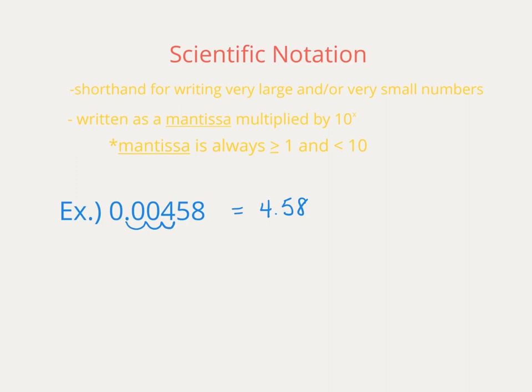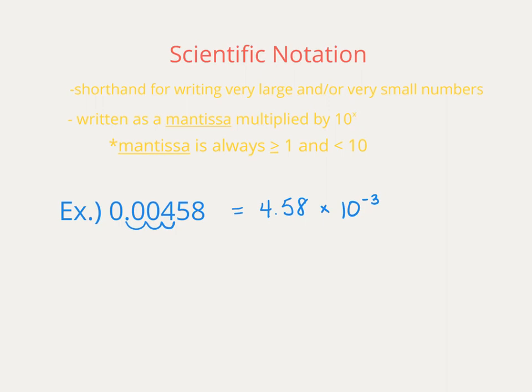And we need to multiply that number by 10 to the negative 3, because our 4.58 is larger than our original number. So we need to multiply by a negative exponent in order to make our mantissa smaller to get back to our original number.